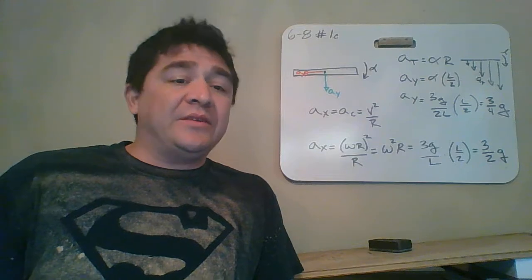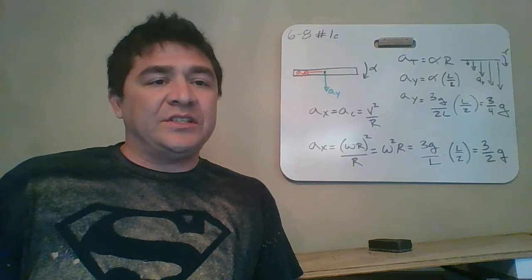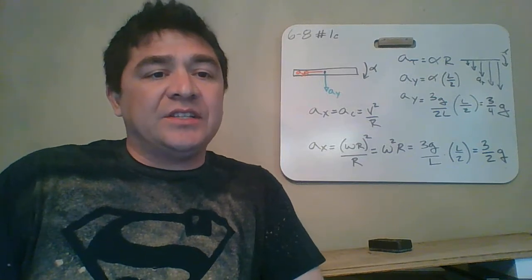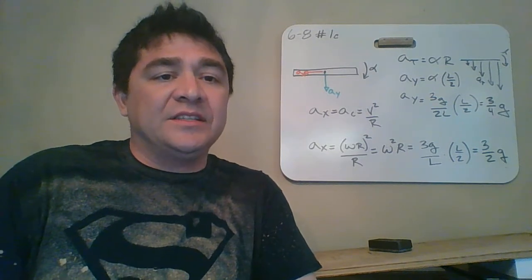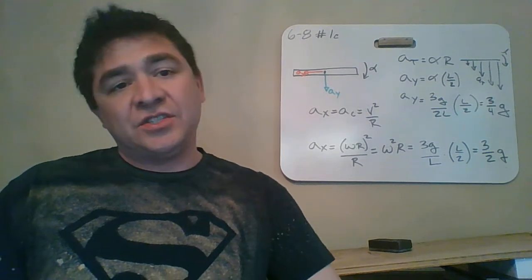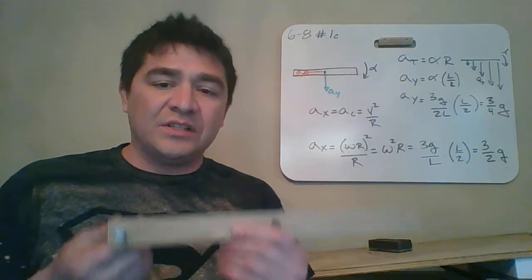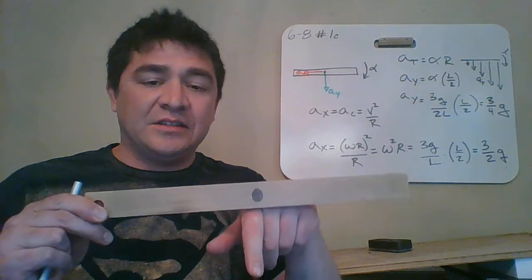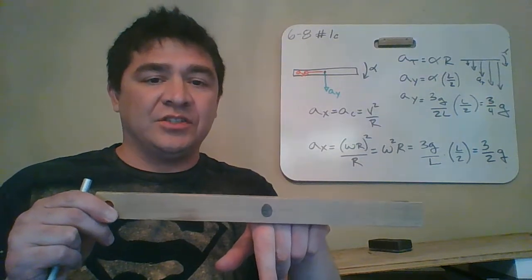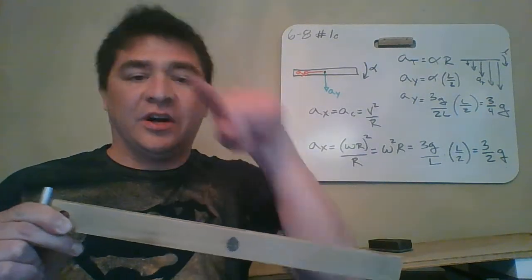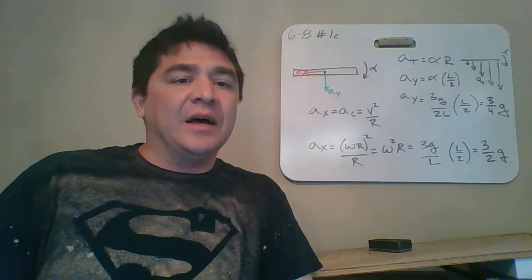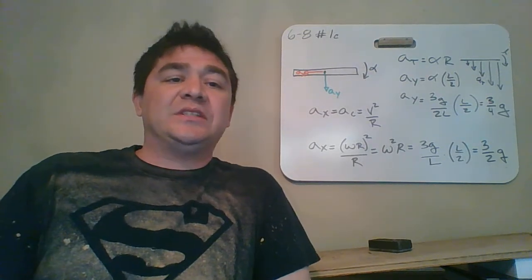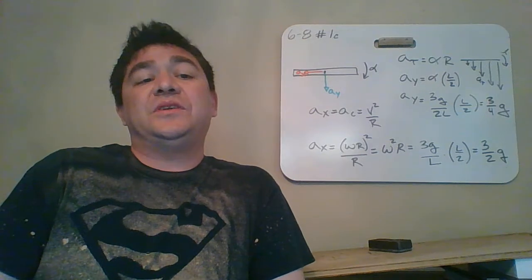Since we found the angular acceleration in the second part, we can use it and the distance to the center of mass to figure out the tangential acceleration. And at the horizontal position, the y acceleration is tangential to the circular arc it's tracing out. So we plug in our angular acceleration and we get 3/4 g. So it's not really falling at 9.8, it's falling at 3/4 of 9.8.